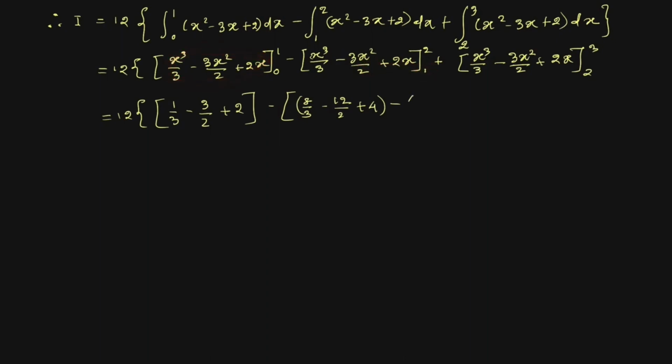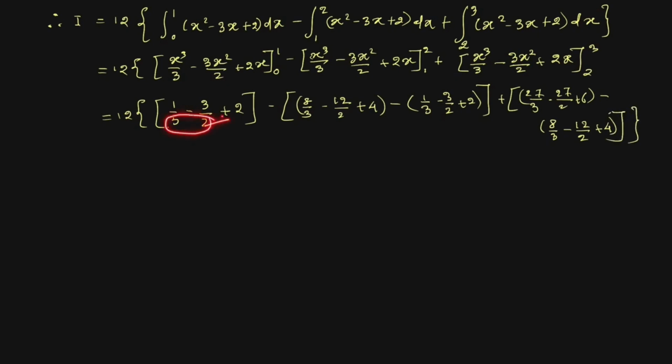So this is equal to 1 by 3 minus 3 by 2 plus 2 plus, now we put the limit 3 here, then we will get 27 by 3 minus 27 by 2 plus 6, minus, if you put limit 2 here, then this is same as this, so we are able to write this as 8 by 3 minus 12 by 2 plus 4.